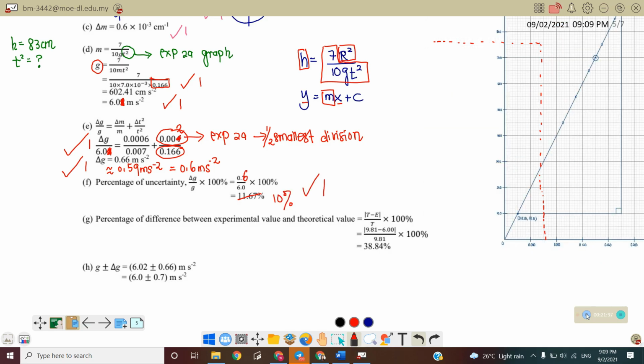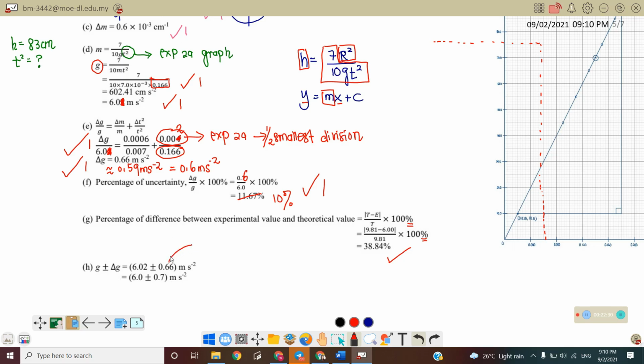The percentage of difference between the experimental value and the theoretical value: we take theory minus experiment with modulus, because we only want the difference between the theory and experiment, over theory times 100%. Finally we will get 38.84%. So finally we will write our answer g plus minus delta g.